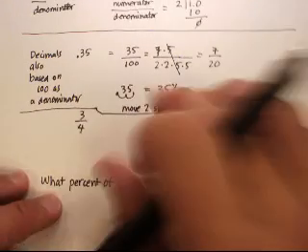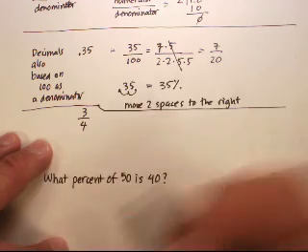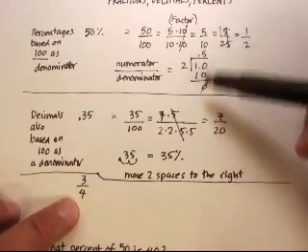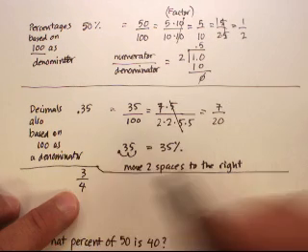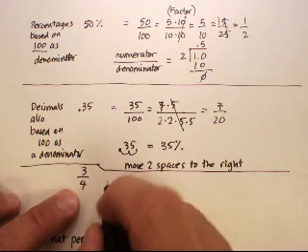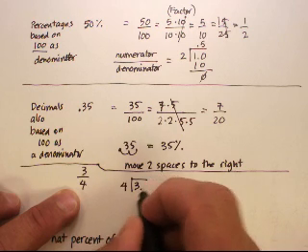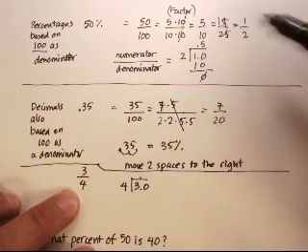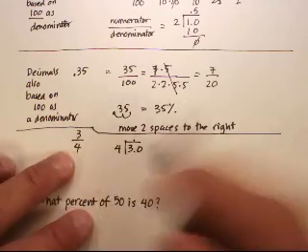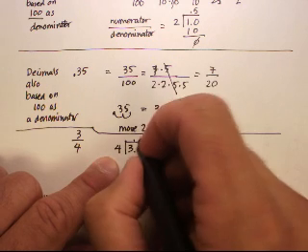Let's take 3 over 4, and let's change that to a decimal, and let's change that to a percent. And we're going to use some of the techniques we used back up here, but just in reverse, right? So, remember that we divided the numerator by the denominator to get the decimals back up here. We can do the same thing here, so let's try that. And ask yourself, 4 goes into 30 how many times?